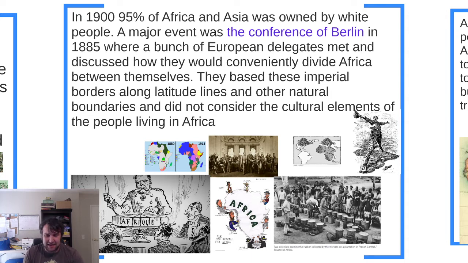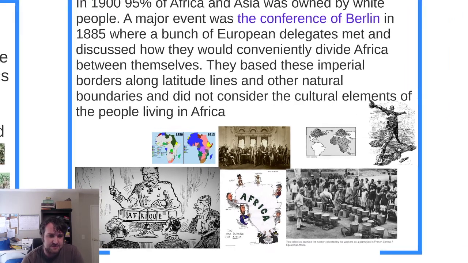What happened as a result was villages were cut in half, cultural groups were forced to be in the same countries together, and it's left this legacy of a human mess in Africa that really was directly caused by Europeans. So let's check out some of these pictures here.